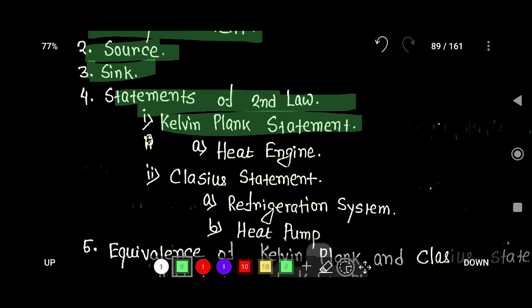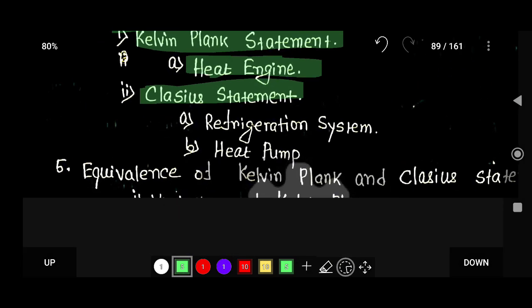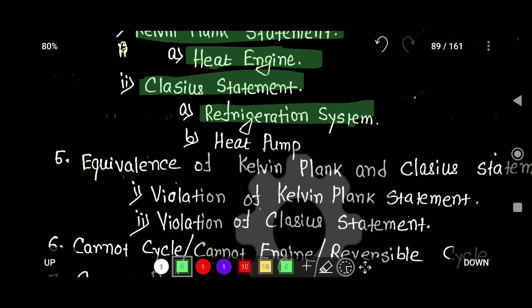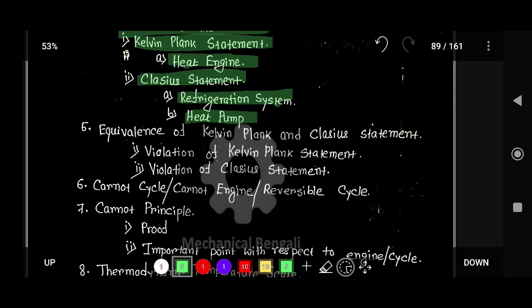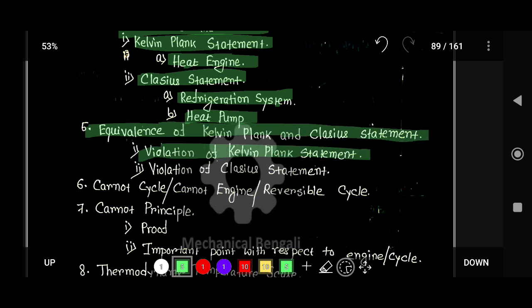From the Kelvin Planck statement the heat engine concept comes, and there is the Clausius statement, and from this Clausius statement you can understand the refrigerator and heat pump. The next concept we covered is the equivalence of the Kelvin Planck and Clausius statements, and violation of the Kelvin Planck statement and violation of the Clausius statement.